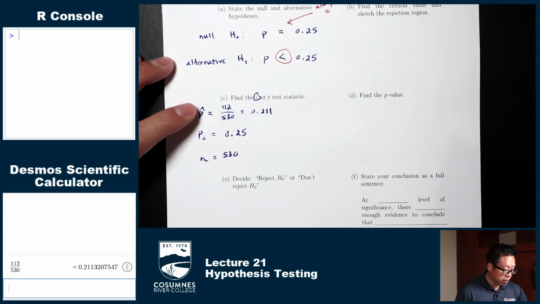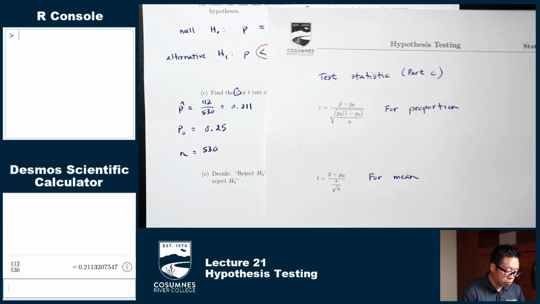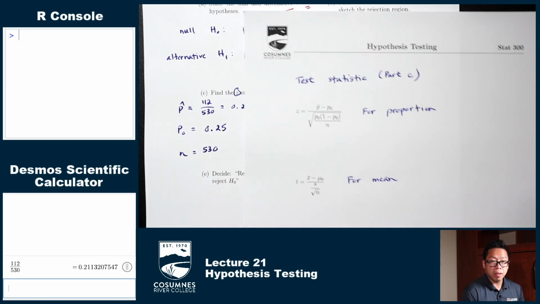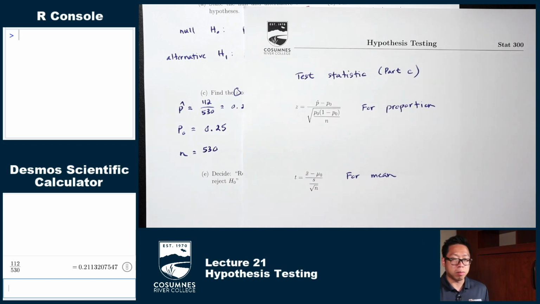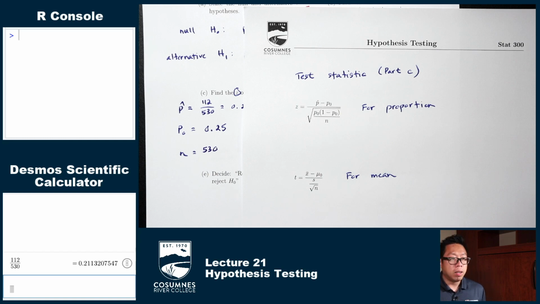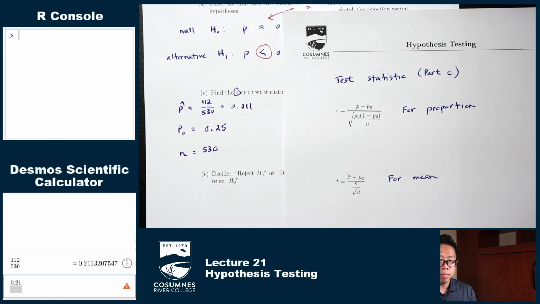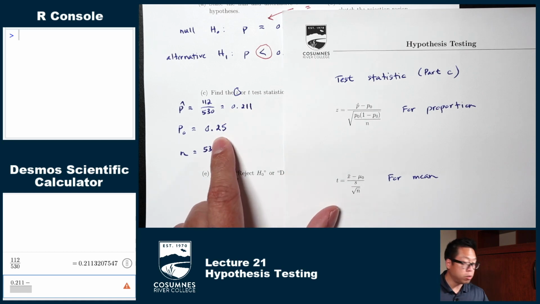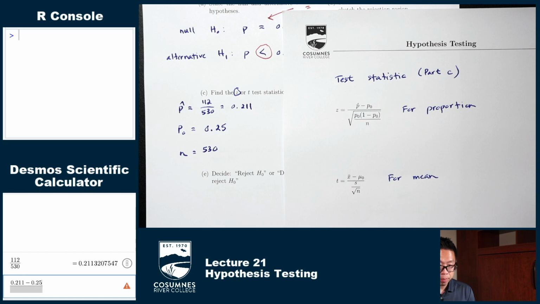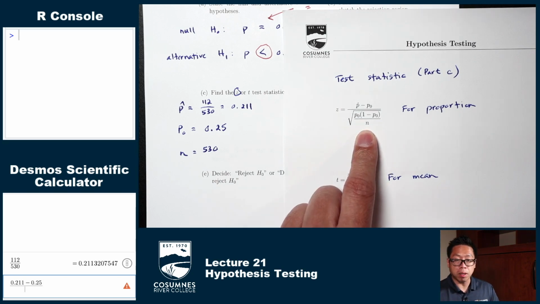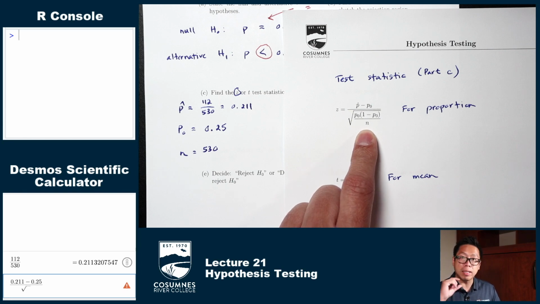So I'm going to enter P hat, P0, and N into this Z formula. I'm starting with a fraction. Up top, it's P hat minus P0, so it's going to be 0.211 minus 0.25. On the bottom, it's a big square root, so I'm going to click square root, and then click the fraction button to make sure that fraction is inside the square root.